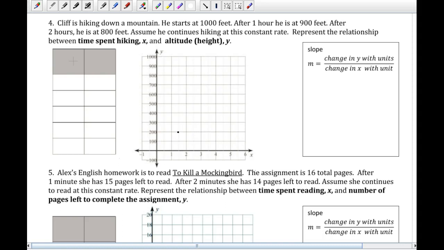So what goes first? The bold part. We got time, and we have altitude. So you write those in. So those are the labels. Go ahead and put in the units as well. What are the units for time? And what are the units for altitude?